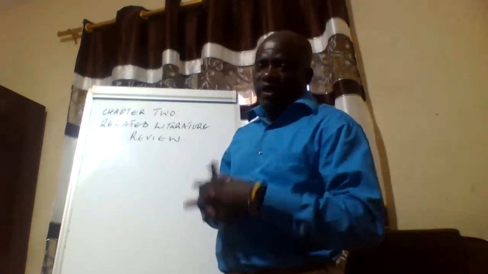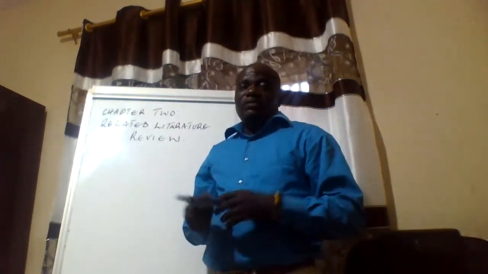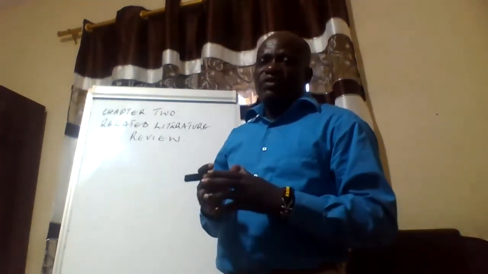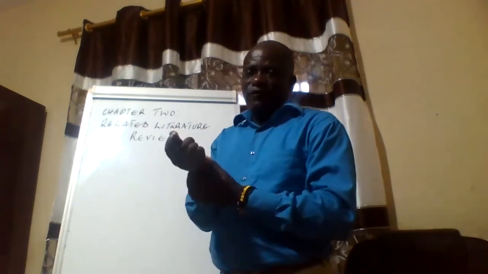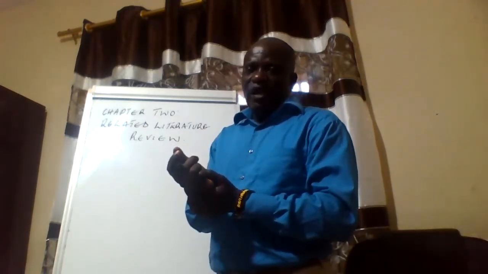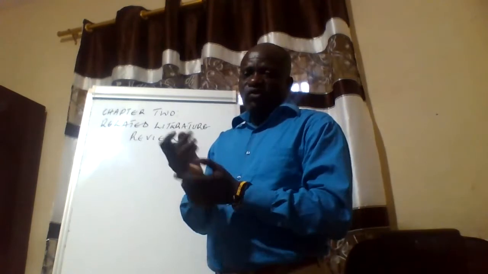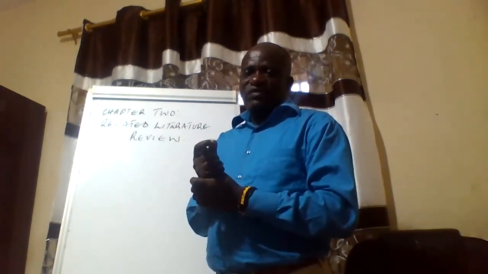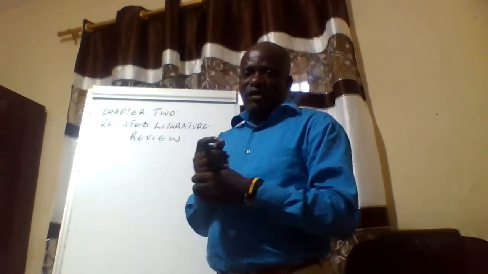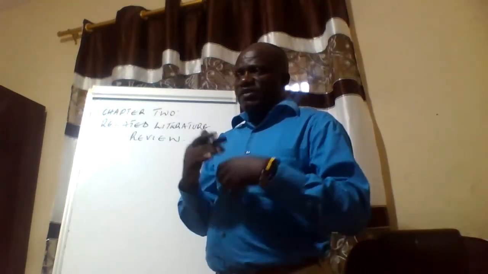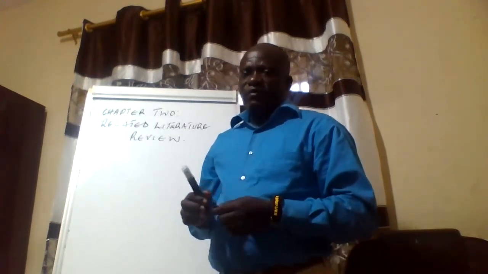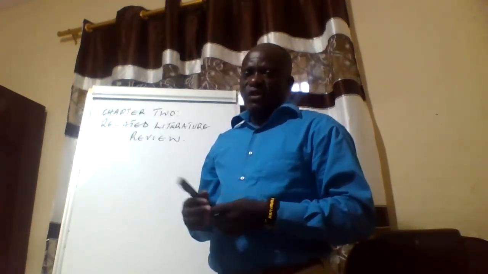This section deals with a discussion of existing literature on the subject, with the objective of reviewing contributions by earlier scholars. Also, we look at weaknesses, gaps in existing knowledge, and lessons learned. So this is the major importance of this particular chapter.